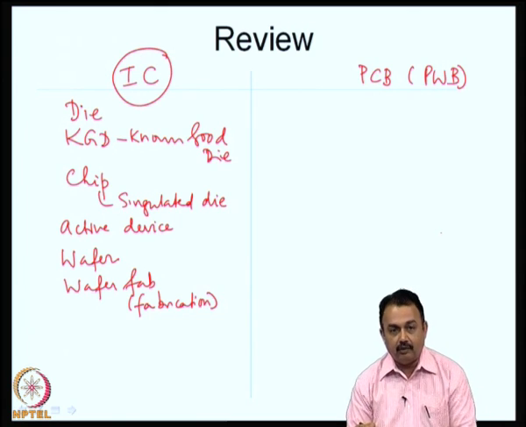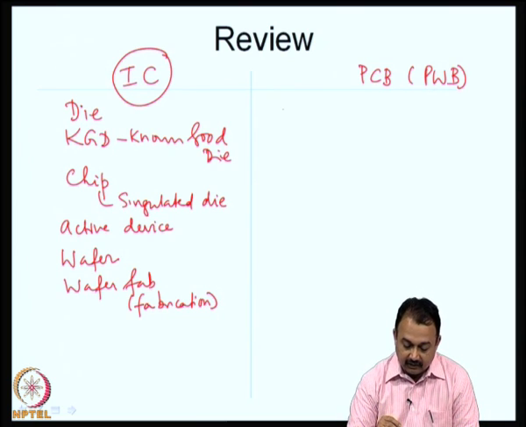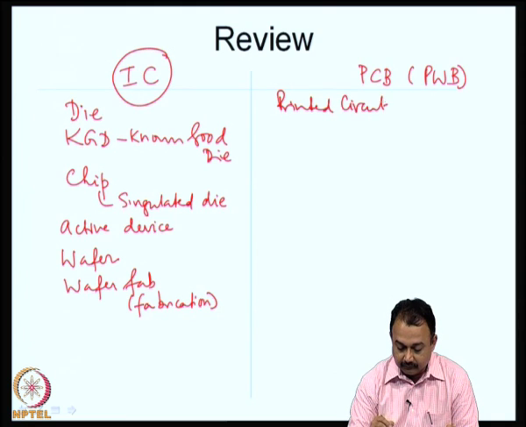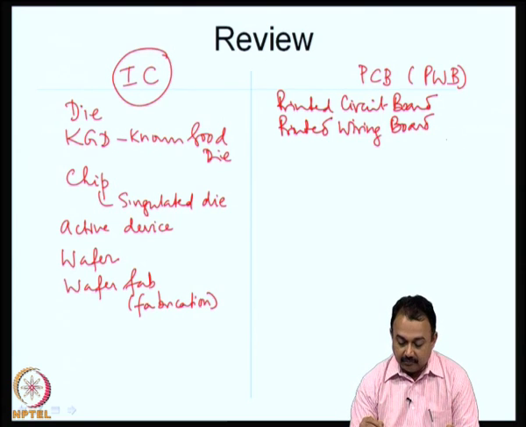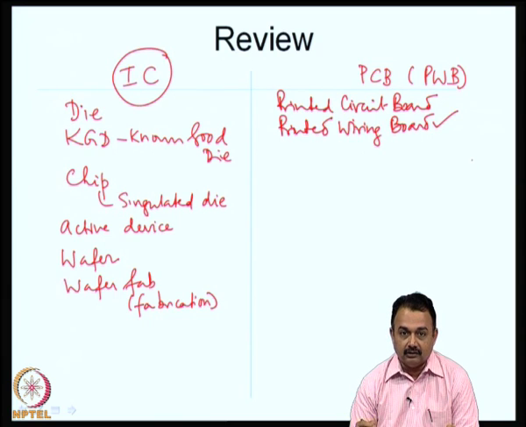Now, coming to printed circuit board or printed wiring board, I told you in the middle of the last chapter that these two terms, printed circuit board and printed wiring board, are used interchangeably. So, you can write it as printed circuit board, or you can call it as a printed wiring board. Basically, if the board is processed, then you call it as a printed wiring board, because you are replacing wires with copper conductors.